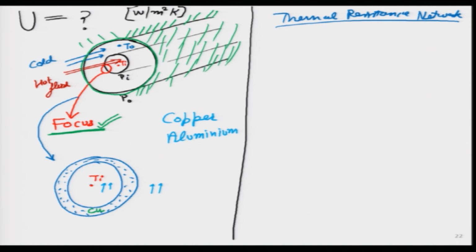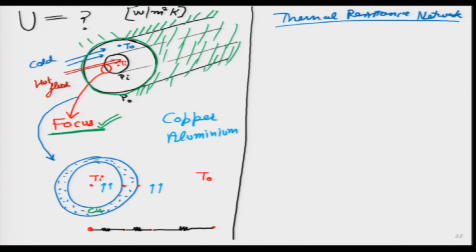I want to draw the thermal resistance network between this temperature and this temperature. Ti is the inner temperature, To is the outer temperature over here, and I will have to put two more dots over here. Why? Let me show in a little while. Essentially, I am drawing this thermal resistance network: first resistance, resistance number 2, then the third resistance.